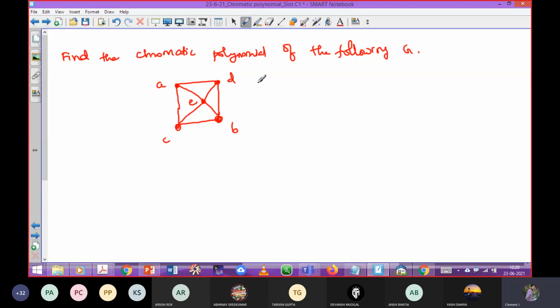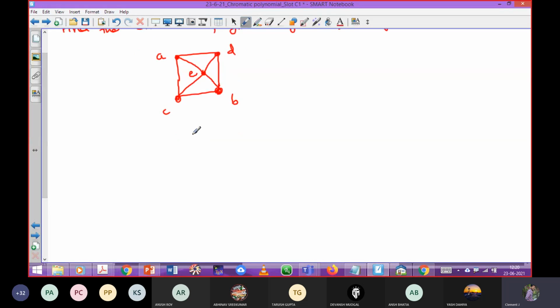If the graph is given to you, first you need to split. First take a look for non-adjacent vertices; your focus should be placed on non-adjacent vertices. See here, first I can choose the vertices C and D.